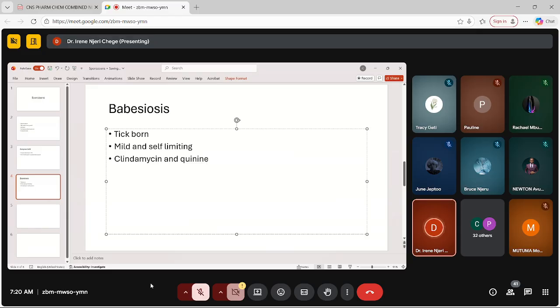I hope these drugs are familiar to you. If they're not, you can stop me. Some of them we will cover heavily in this unit because we're covering malaria. Azithromycin can also be given. Azithromycin and quinine, so we're going to cover quinine.